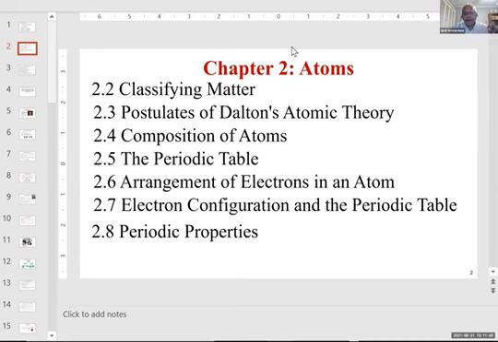When we fill electrons into atomic orbitals, each atomic orbital can hold 2 electrons. I'm going to show you in a minute. We keep filling electrons into the lowest energy shells first, then go to the next shell until we run out of electrons. So electron configuration and the periodic table are important.